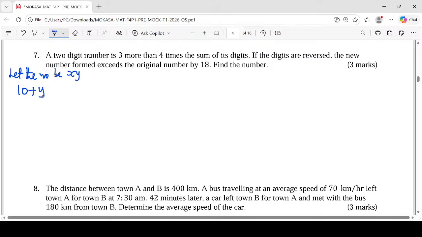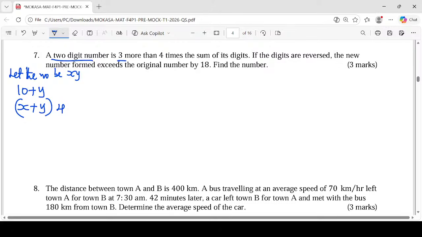So if this is the number, 10x plus y, a 2-digit number is 3 more than 4 times the sum of its digits. When they talk about the sum of the digits, they are talking about x plus y. Now 4 times the sum will be 4 times that. They are saying this number is 3 more than 4 times the sum of the digits.